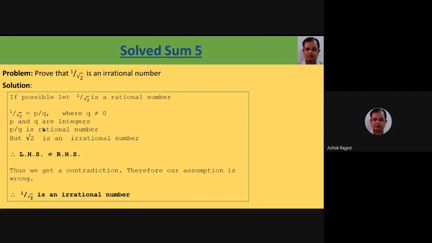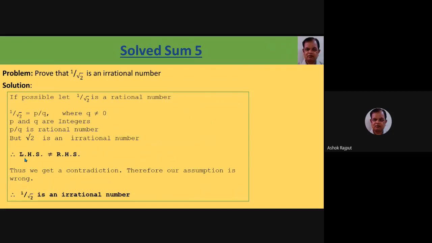Here p and q are integers. p by q is a rational number, but under root 2 is an irrational number. We know this, as we have shown on the number line and in the examples given in the books. After simplification root 2 is there, so it is an irrational number.